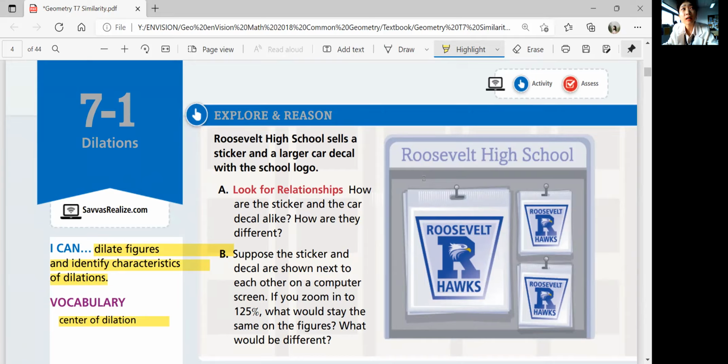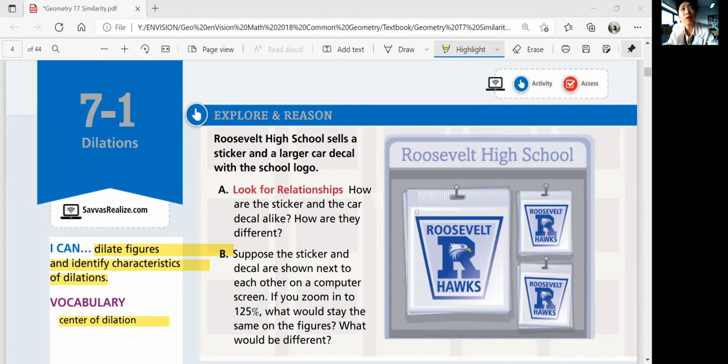Roosevelt High School sells a sticker and a larger car decal with the school logo. As you can see, we have the logo shown here. So part A, look for relationships. How are the sticker and the car decal alike? How are they different?